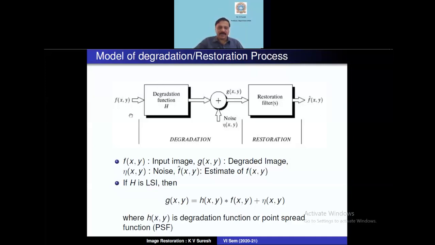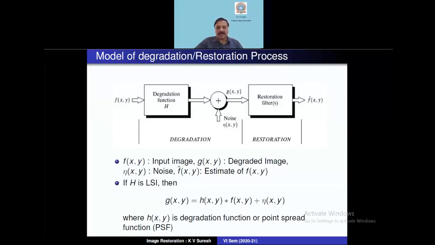So the image f of x comma y, which is the original or clean image, has undergone some blurring, which we call the degradation function h. Then I also said during the acquisition process, there could be some noise getting added. Assume the camera is fit at a traffic point and there is severe rain at that time, and you are capturing the image.